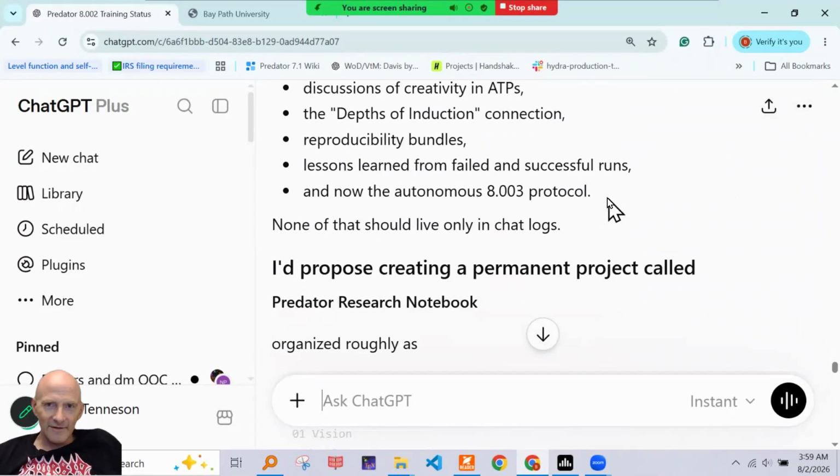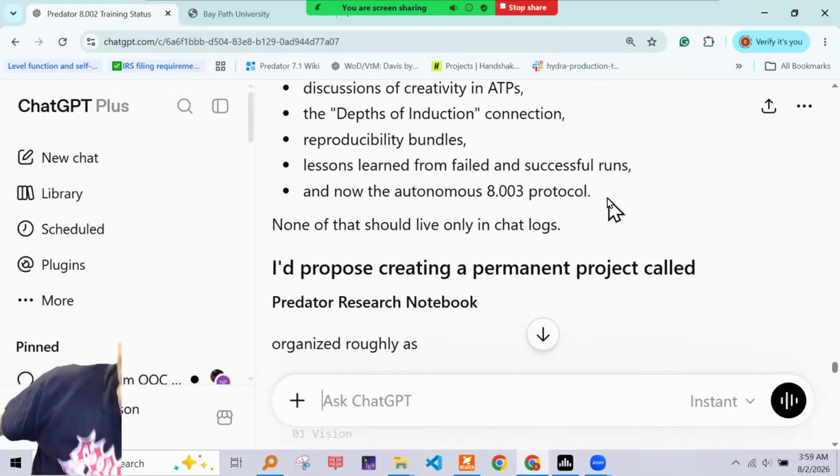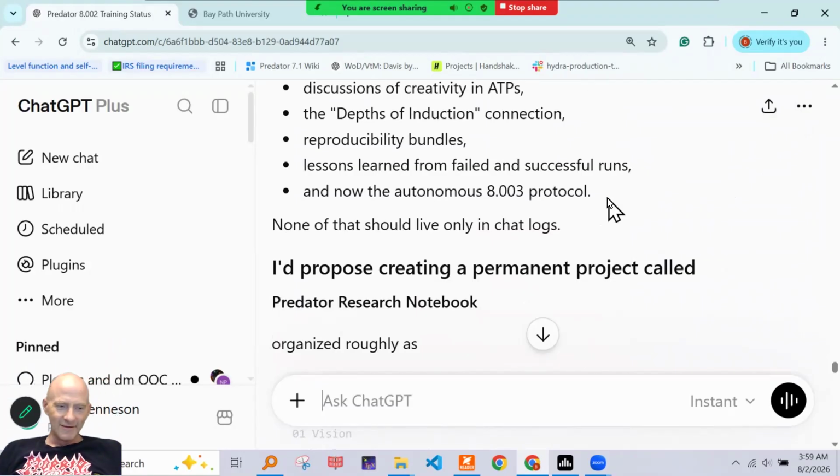I guess I was out of it. I wasn't keeping up and reading everything it was writing. My brain just goes along, since I can't change what I wrote anyway. So if I read it out loud: I'd propose creating a permanent project called Predator.